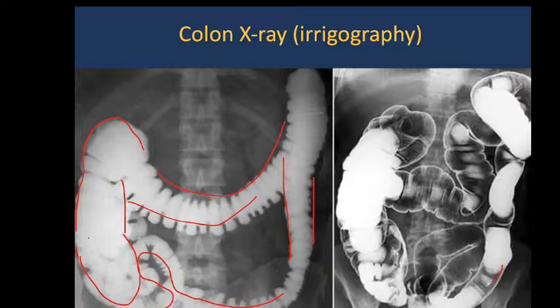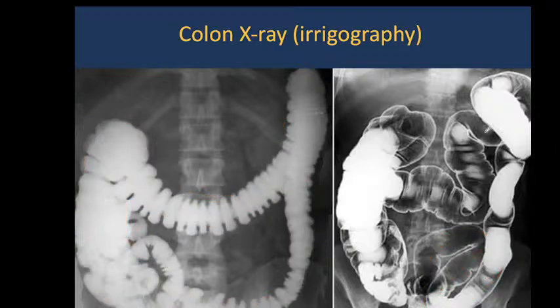Here you see it is like the Greek letter sigma, which is followed by the rectum. By the way, this method is combined with barium and air. Some part of the large intestine is filled with air.